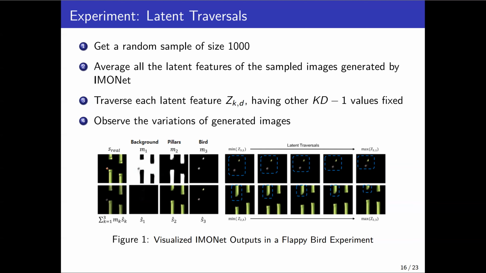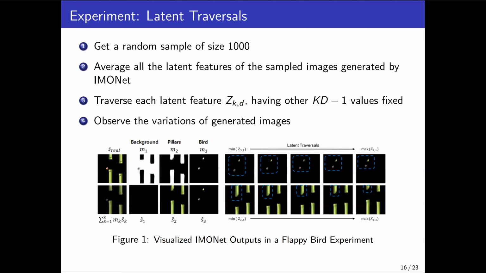The image describes the interpretation and decision-making process for a session of a Flappy game. Each of the three attention masks is for the background, pillars, and the bird, as the white area in each block indicates the captured object. The last four columns show the traversal of the first variable for the third object, which is the bird, and of the third latent variable for the second object, which is the pillar.